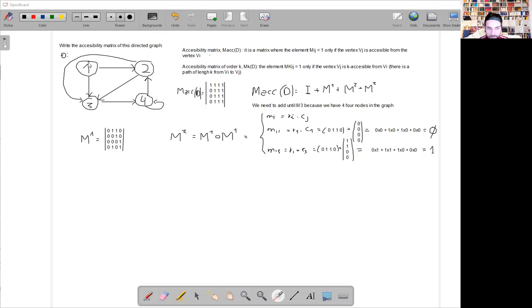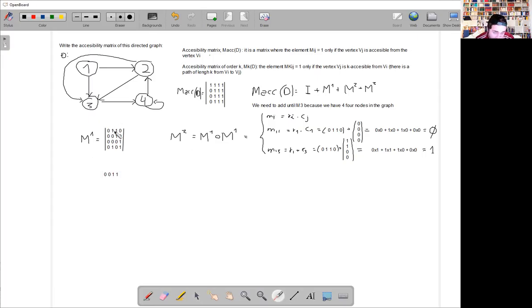So we can do the next one, right? M2, just multiplying M1 by M1. Okay, in this case, the first row by the first column is 0. The first row by the second column is 0 also. The first row by the third column is 1. And the first row by the fourth column is also 1. Right?